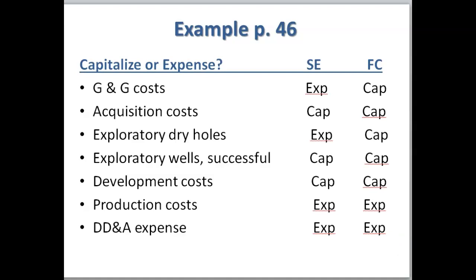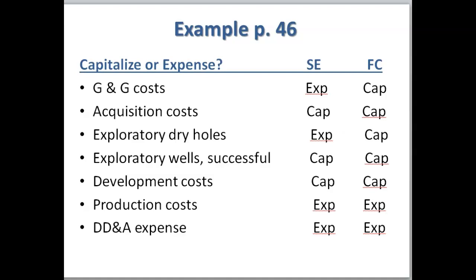Geological and geophysical costs, expensed under successful efforts, capitalized under full cost. Acquisition costs, capitalized under both methods. Exploratory dry holes, expensed under successful efforts, capitalized under full cost. If we have an exploratory well that's successful, it would be capitalized under both methods.